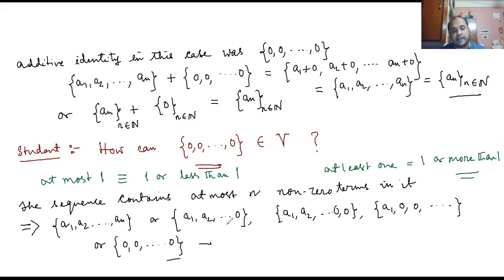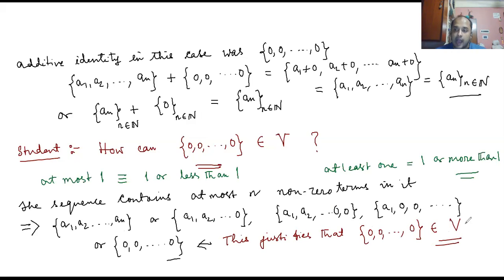And this justifies that 000 belongs to V. I hope that Aniket is present and he has understood the point.